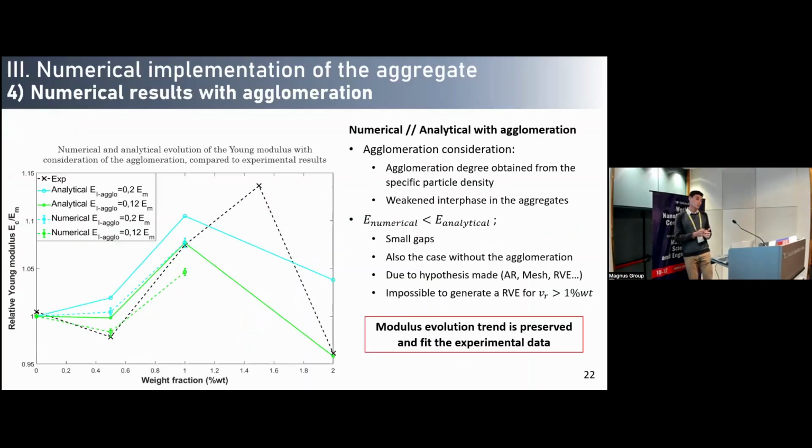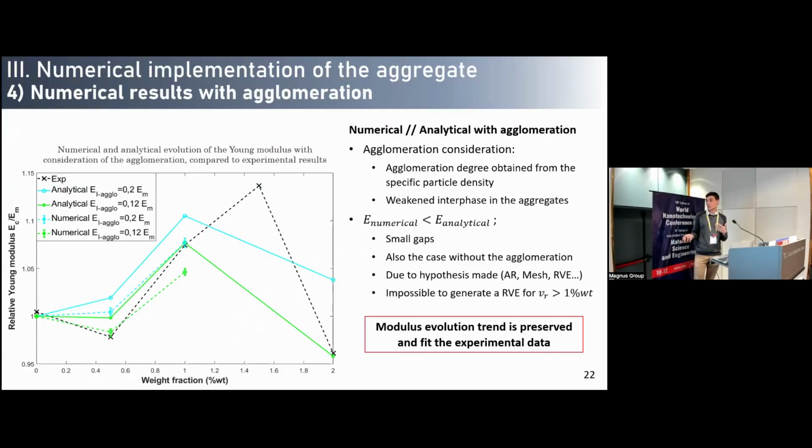So lastly, we were able to implement our agglomeration into our numerical model, and we can compare it with the analytical model. The numerical model is slightly underestimating the analytical model, but we still find the same tendencies that were observed before.